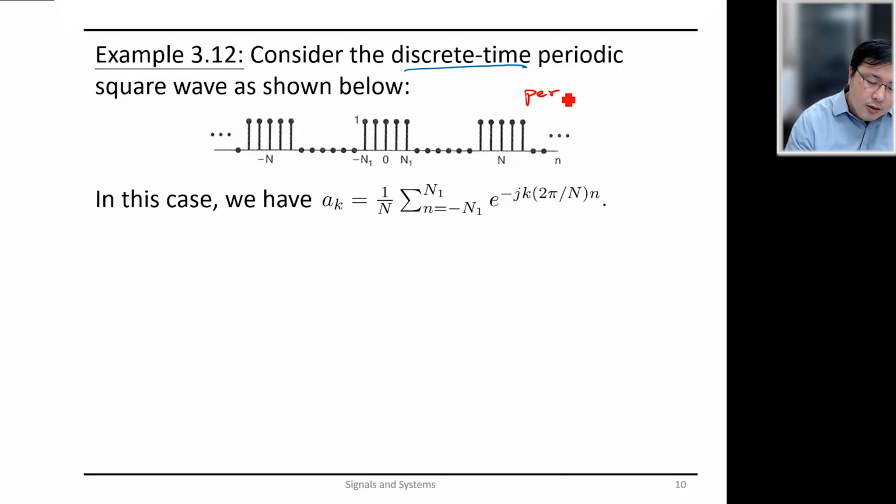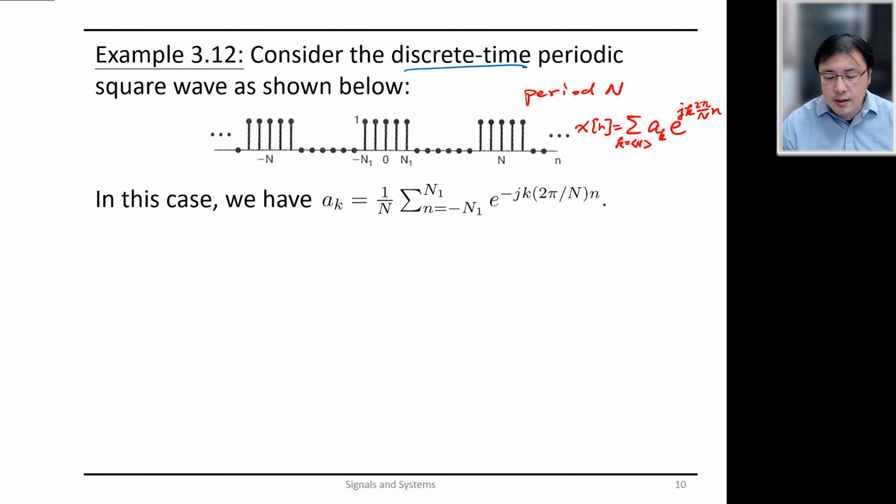So the period here is capital N. Therefore, for a signal that is periodic with period capital N, you can represent it as its Fourier series representation using the complex exponentials with period capital N. And you can extract out the coefficient ak by taking the inner product between xn and the corresponding complex exponential.